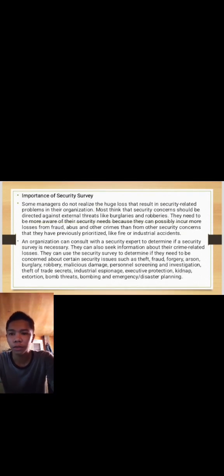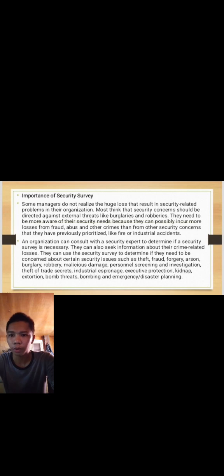Importance of security survey. Some managers do not realize the huge loss that results from security related problems in their organization. Most think that security concerns should be directed against external threats like burglaries and robberies.